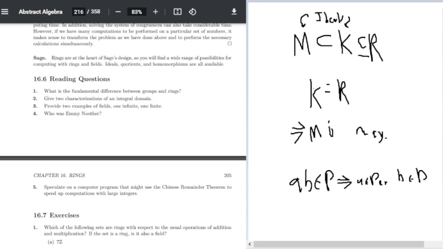Give 2 characteristics of an integral domain. One is that a times b equals 0 implies that either a or b equals 0, but it also implies that... how do I have an integral domain? Let me think about how they specifically want this.